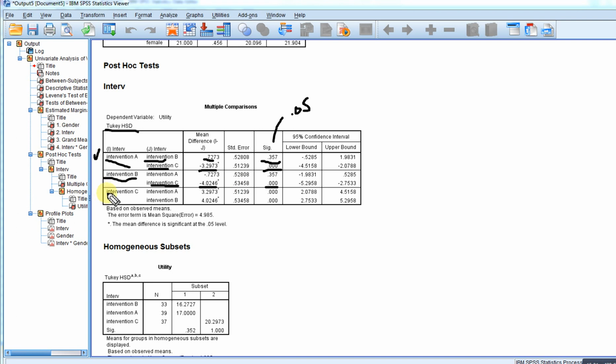Then when we look down here at intervention C versus A and C versus B, well, that's just a replay of what has occurred above. So there's really nothing else to look at in terms of this table. So the differences between A and C and B and C were all statistically significant.